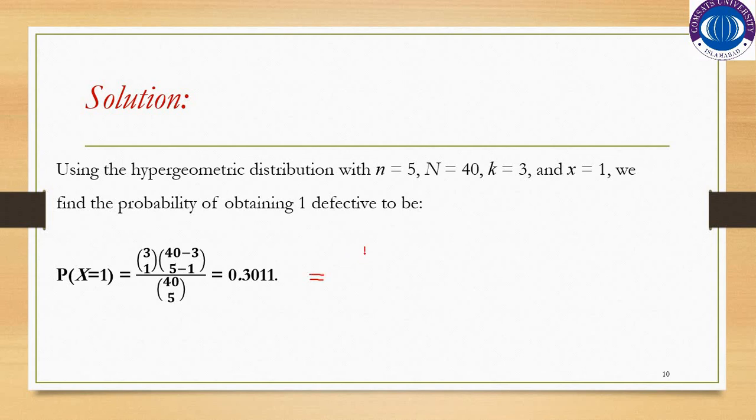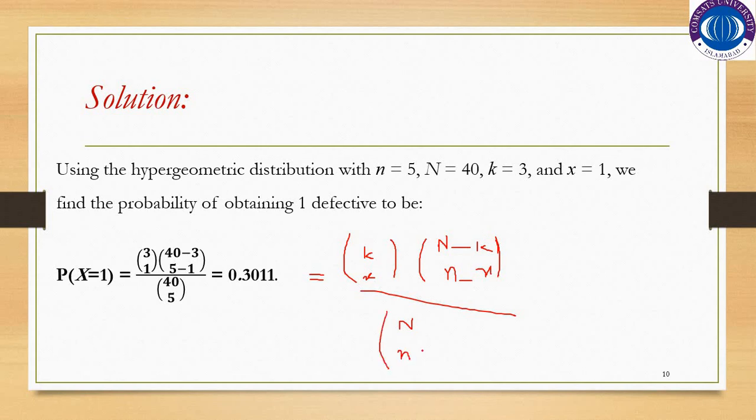k C x, times capital N minus k C small n minus x, divided by N C n.